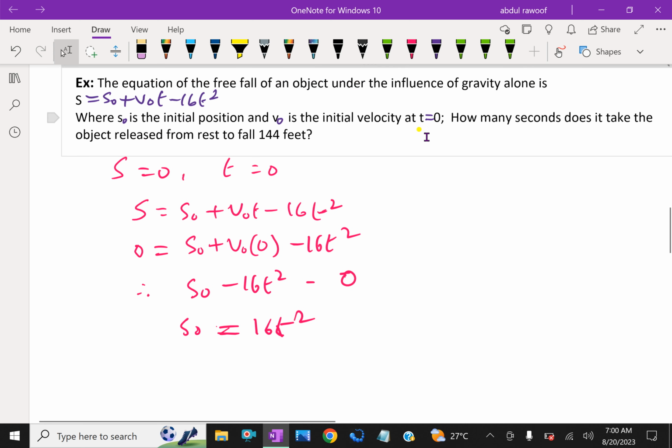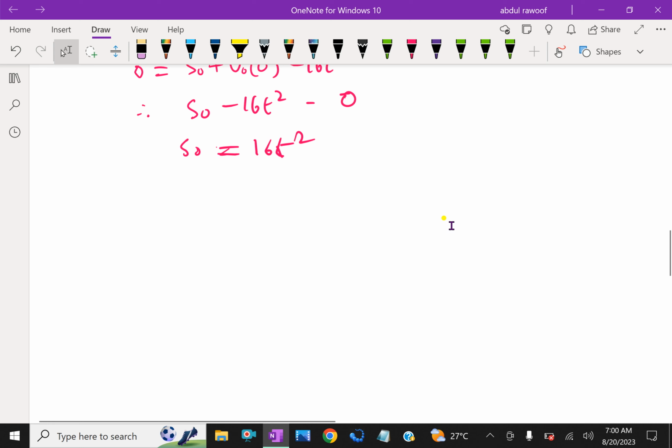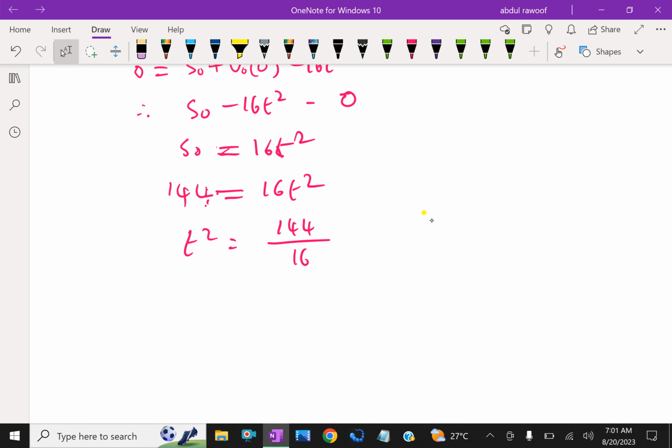Now, how many seconds does it take the object released from rest to fall 144 feet? Here s0 is 144, which is equal to 16 t square. Therefore t square equals 144 over 16. Then t equals the square root of 144 over 16.